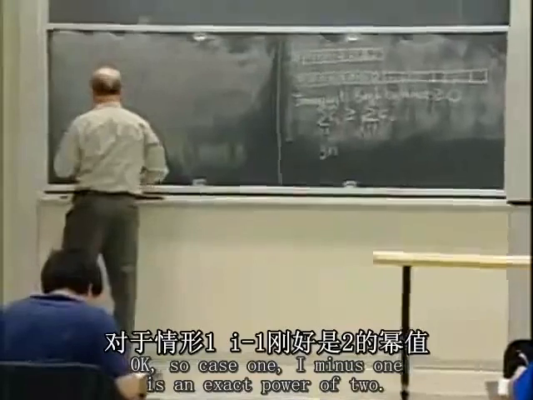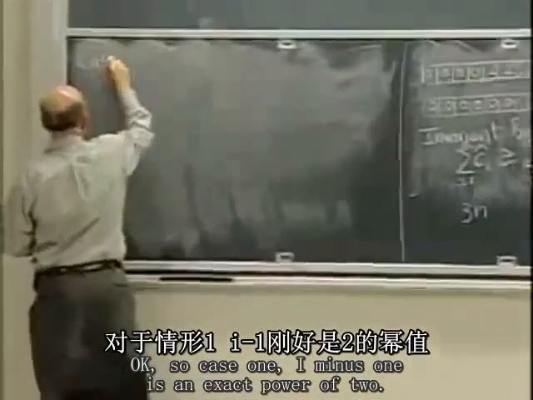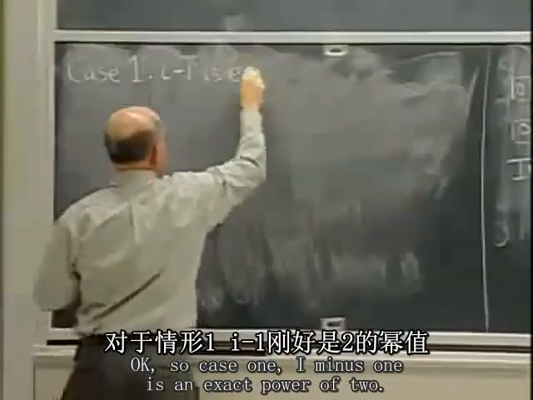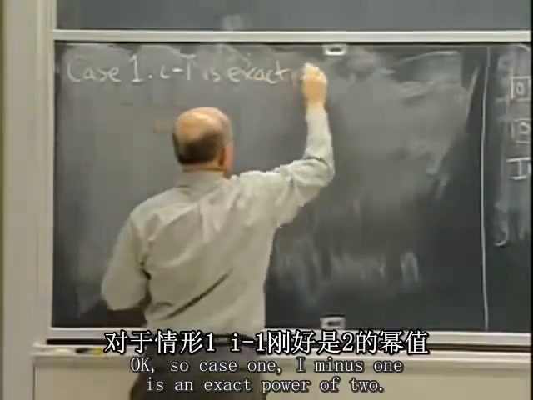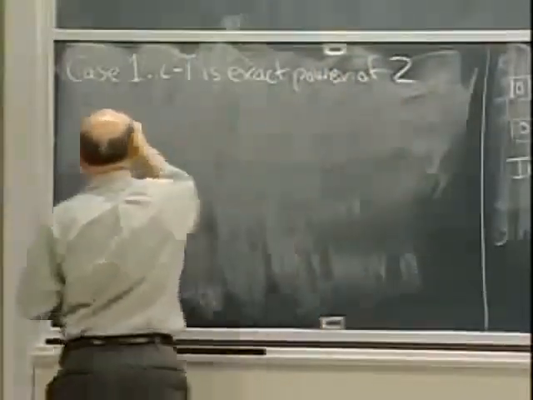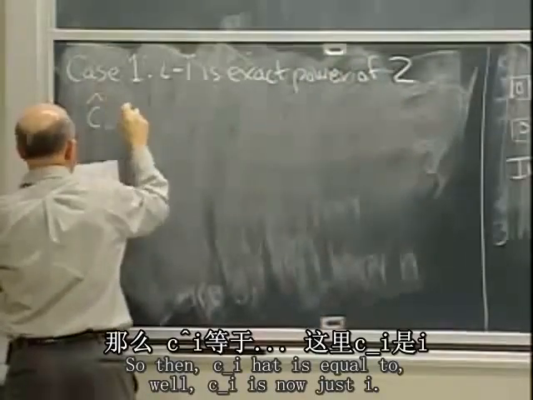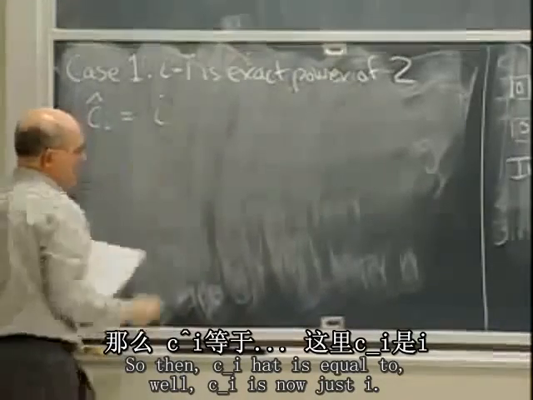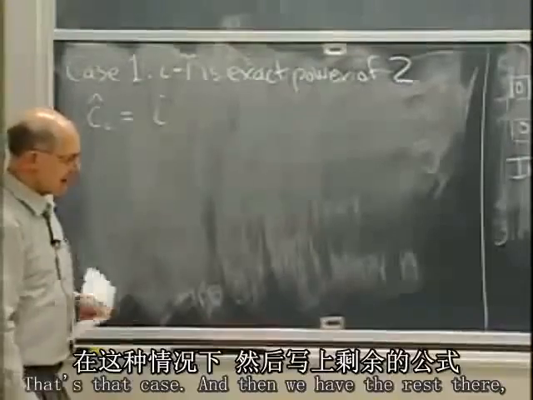Okay, so case 1, I minus 1 is an exact power of 2. So then C_i hat is equal to, well, C_i is now just I. That's that case.